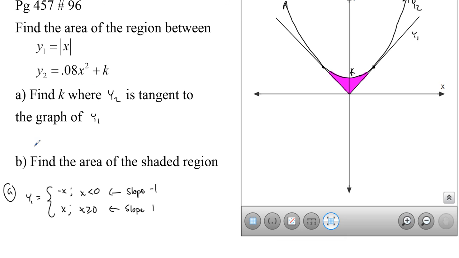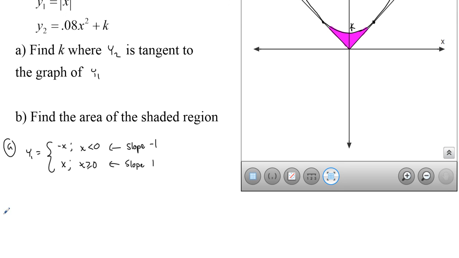All right, so the derivative of y2, pretty easy. y prime is just going to be 0.16x, then the derivative of the constant is zero. And so I have to figure out where this slope is positive 1 or negative 1.